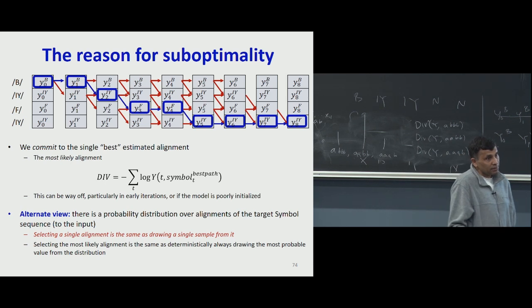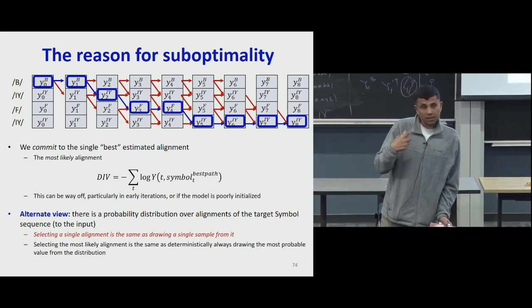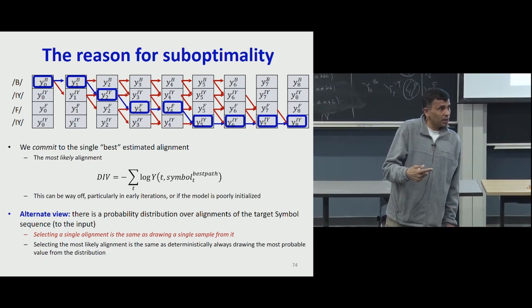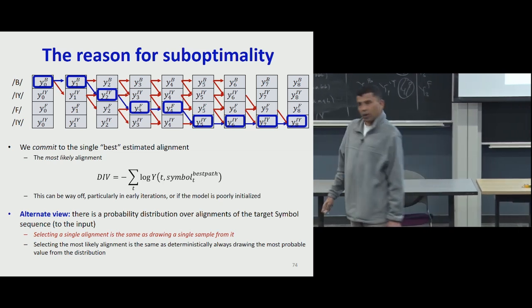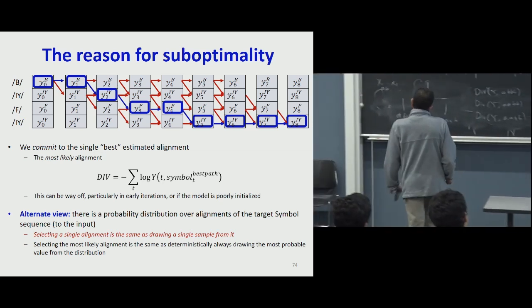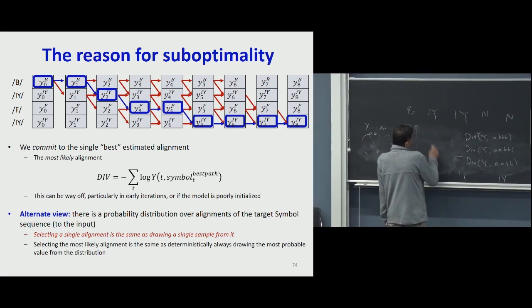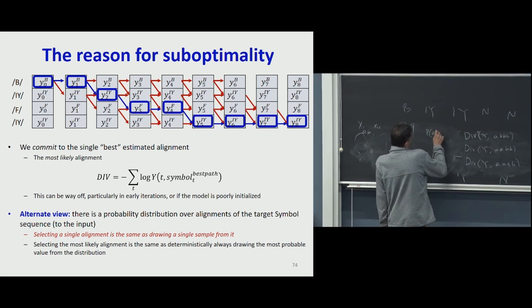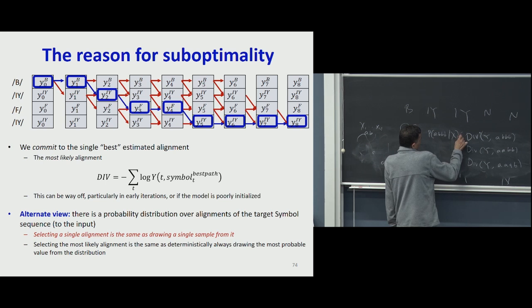But are all of these alignments equally important? Not really. The one that has higher probability is to be trusted more than the one that has lower probability, right? So what I will do is take the sum of all of these, but it's a weighted sum, and the weight is going to be the probability of ABBB given my input.